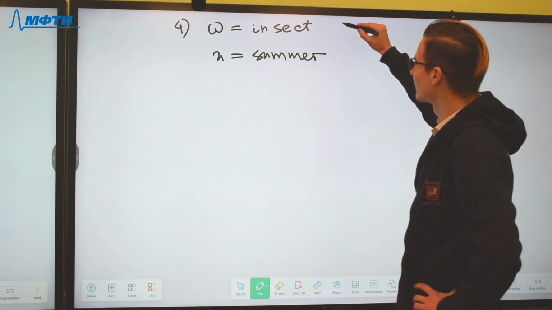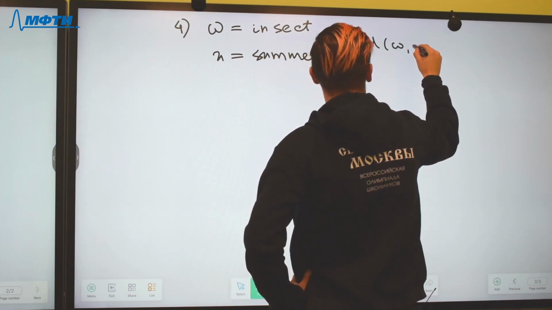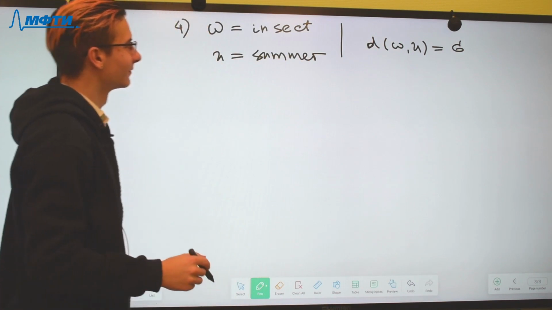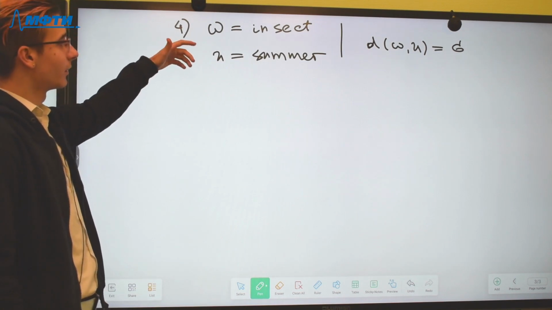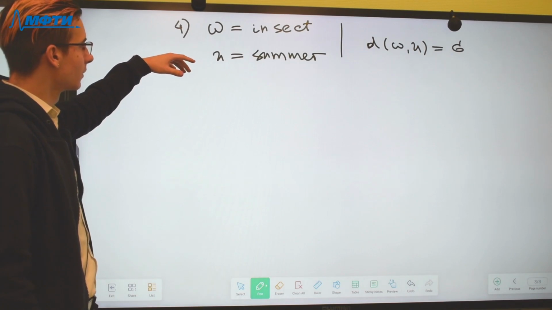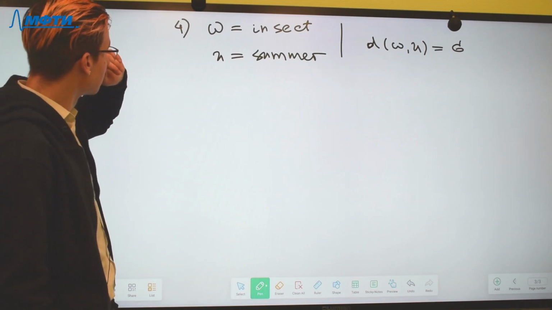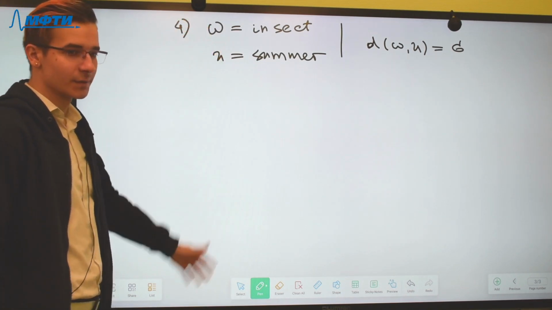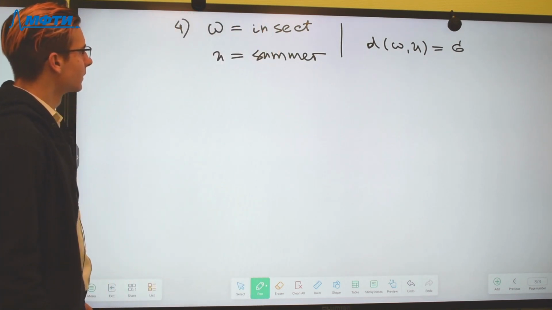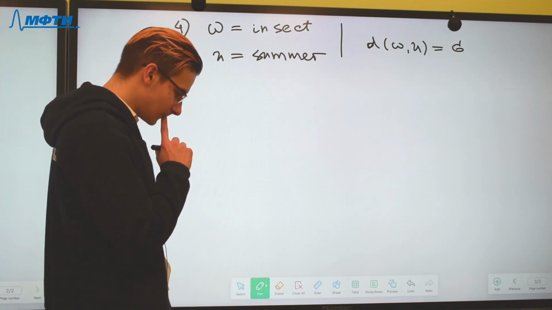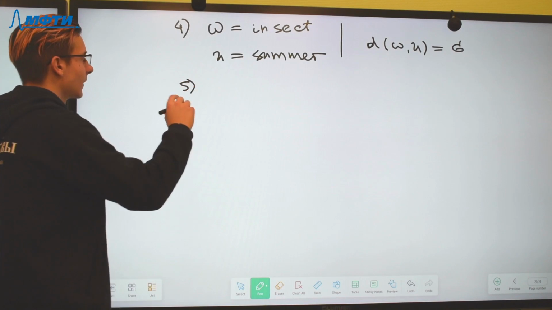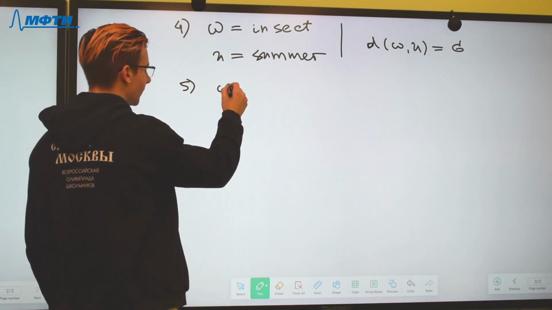I think the distance between these two words is equal to 6, because if we try to add empty characters, you see the places where the difference is. I need to add this as an example, I think.